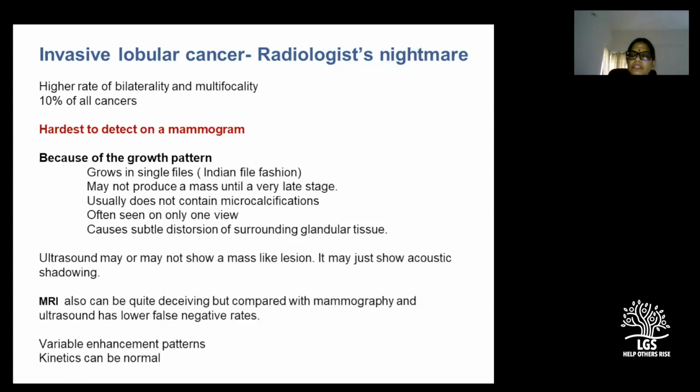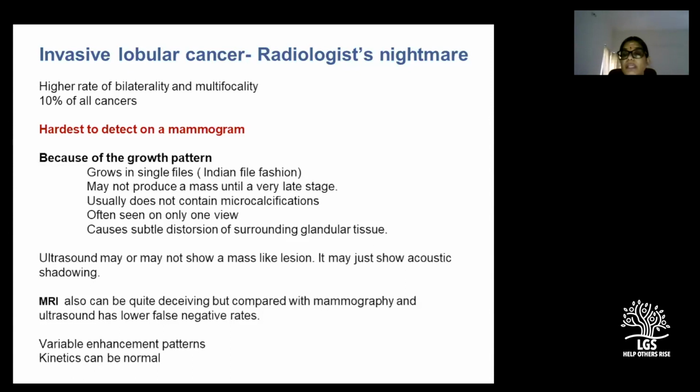And so why is this so difficult to detect? Because these things grow in a single file. So if you look at the pathologist's description, he'll say, in pathology lessons you would have read something about Indian file pattern. Because it goes in that single file, it doesn't form a mass, and it innocuously keeps going in single files, and then by the time it forms a mass, it becomes quite late.